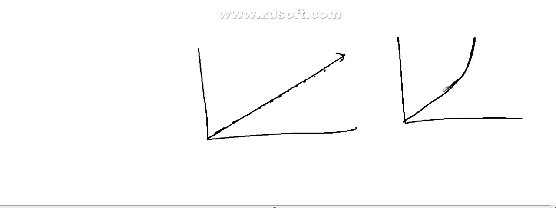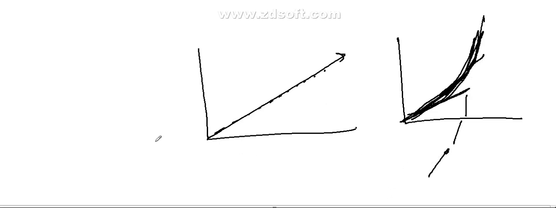But if you have a line like this, the slope is different. This is not a straight line. Here the slope is like this, here the slope is like this, here the slope is like this. That means slope is changing. Understood? Yes, sir.